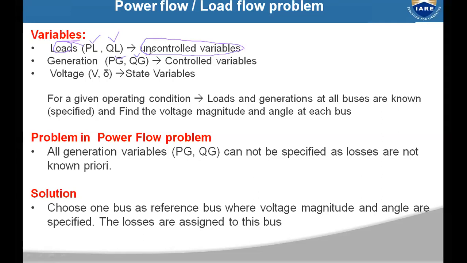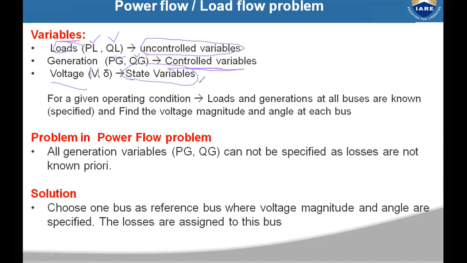Generation variables PG and QG are controlled variables. You can control the generated active power and generated reactive power at substations. The voltage, expressed as magnitude V and angle delta, are called the state variables. They describe the state of that bus.